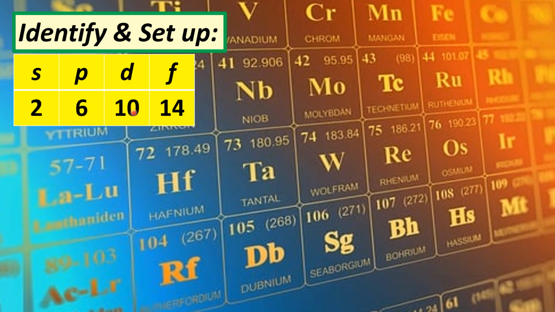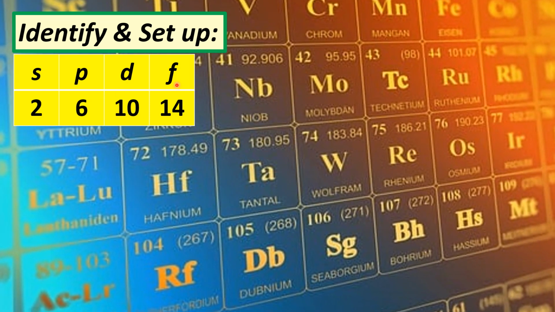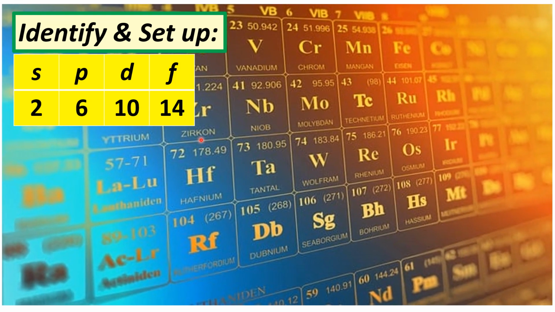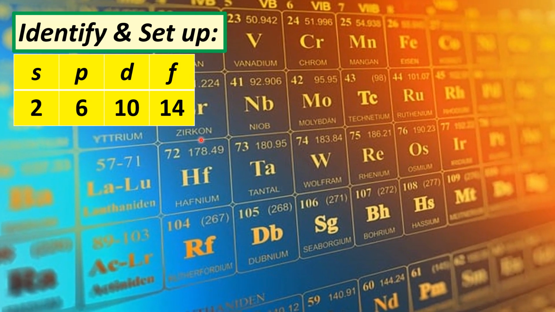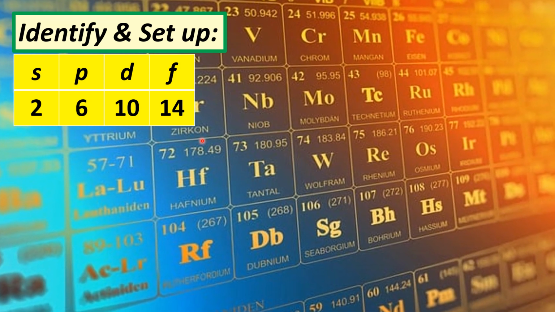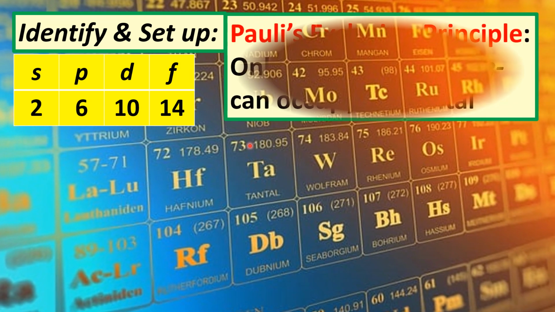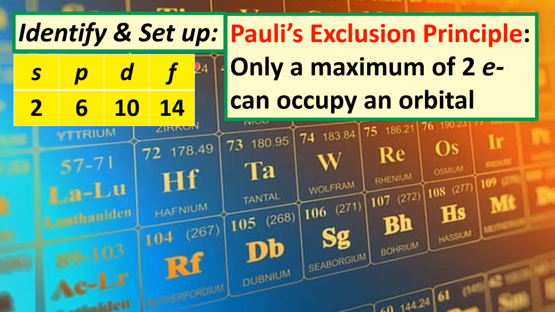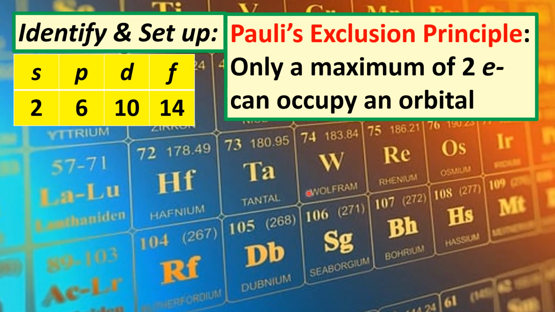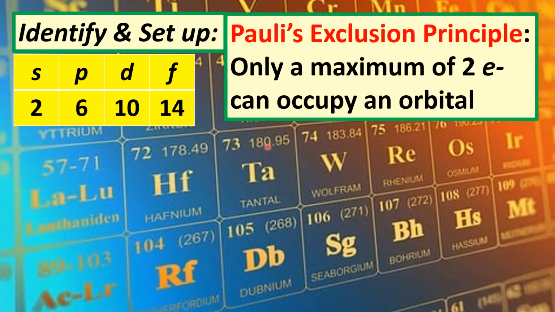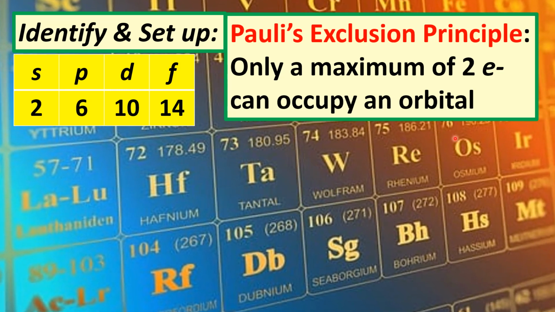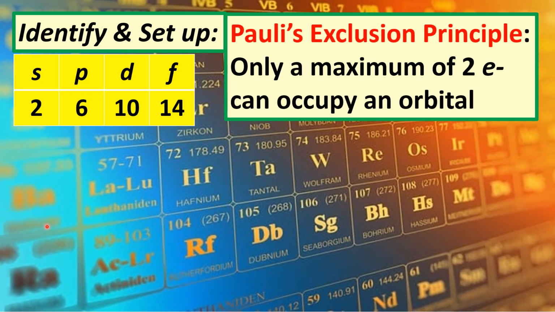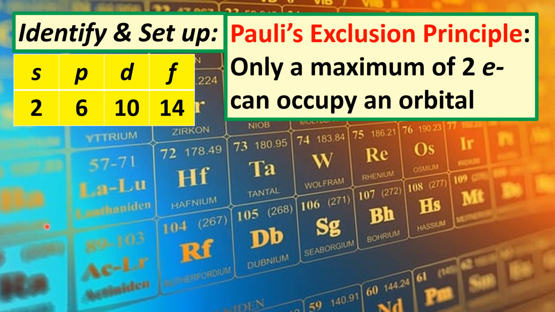For the d orbital, the maximum number of electrons is 10, and for the f orbital, the maximum number of electrons is 14. This is actually based on Pauli's exclusion principle, which requires that only a maximum of 2 electrons can occupy a given orbital.